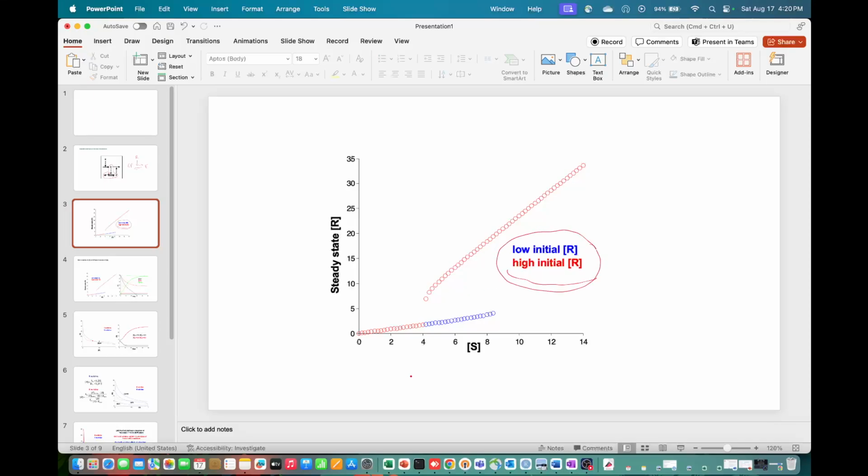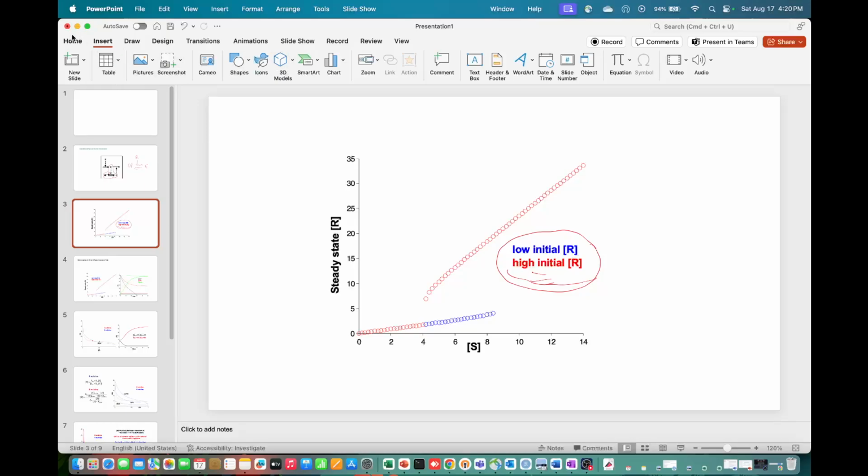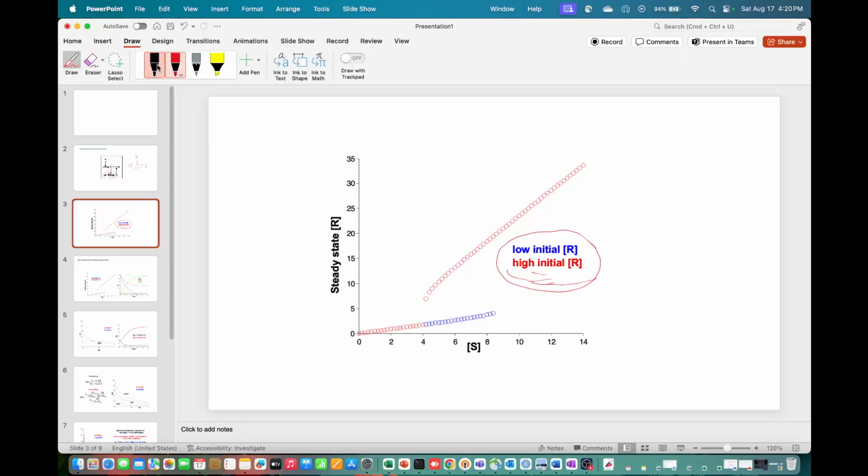If you take higher initial values of R, what you get is this trajectory. First it increases a little bit, then there is a jump, and there is another increase. So this is a sigmoidal function, as you know.